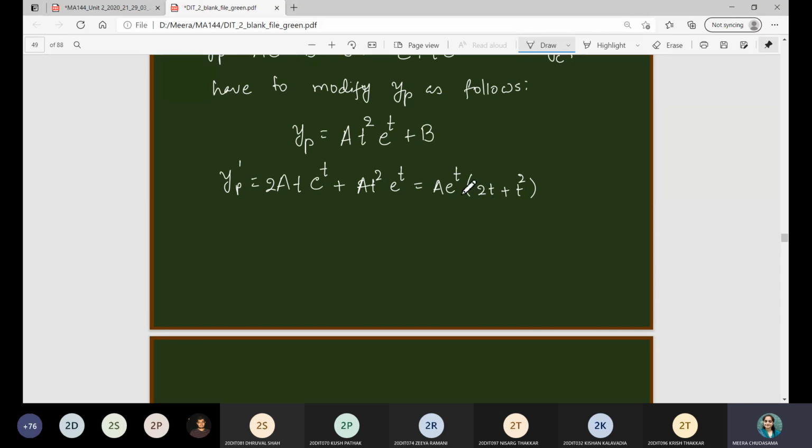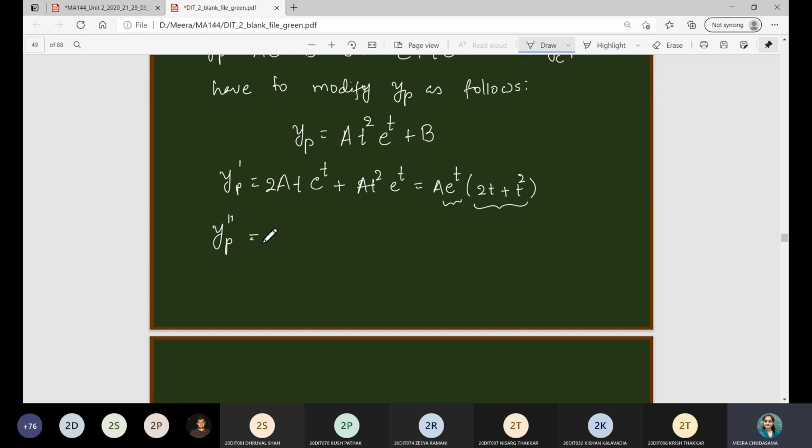I can take t also common, but in that case my purpose will not serve to find out the derivative. I will take this as one function, this as another function. If I consider t also common, it will not simplify the further derivatives. So that's why I have not taken t common.